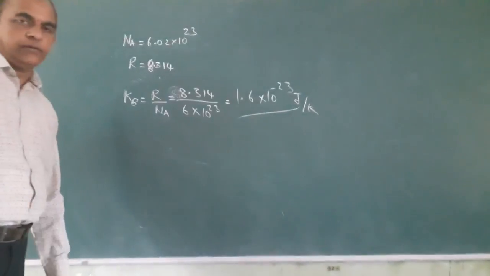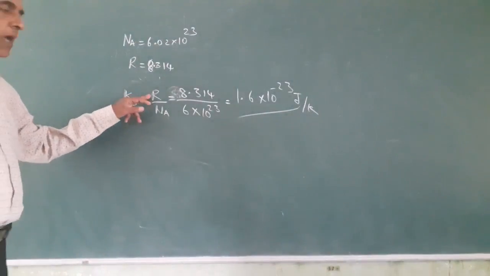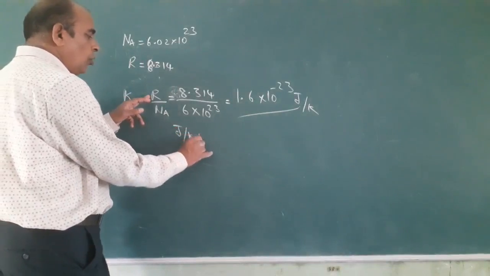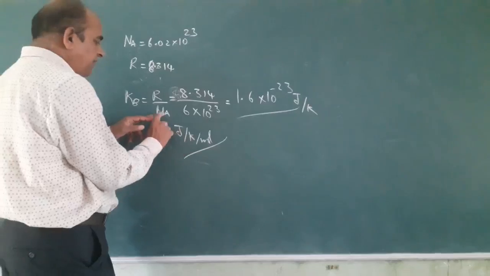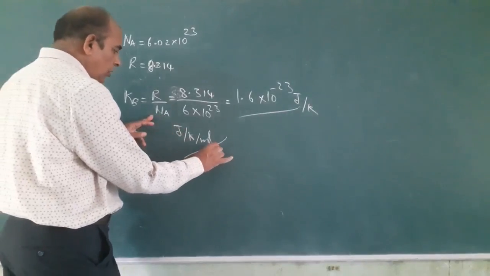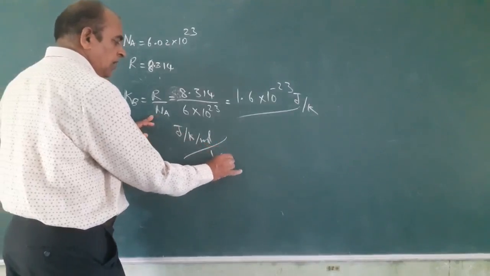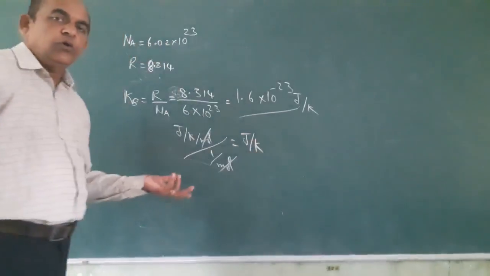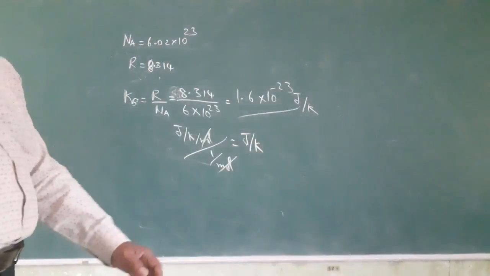Because the unit of capital R is joule per Kelvin per mole, divided by Avogadro number per mole, the mole cancels and we get joule per Kelvin as the unit of Boltzmann's constant.